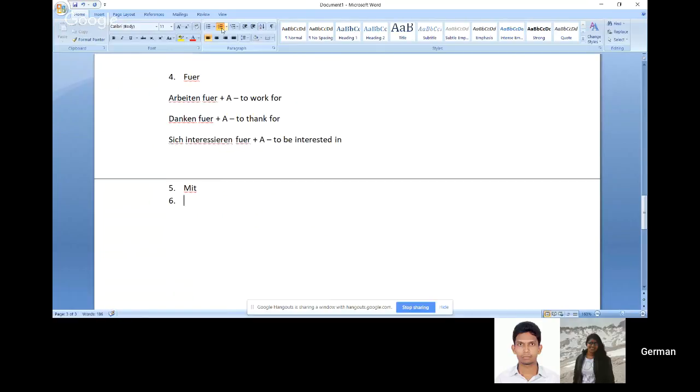Next is mit. Is mit a dative preposition or an accusative preposition? With the dative. Yeah, just mit. We have anfangen oder beginnen mit. Anfangen is a separable verb. Beginnen oder anfangen mit plus dative is to start with.